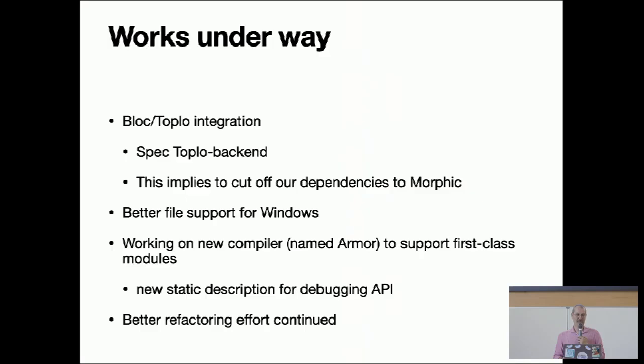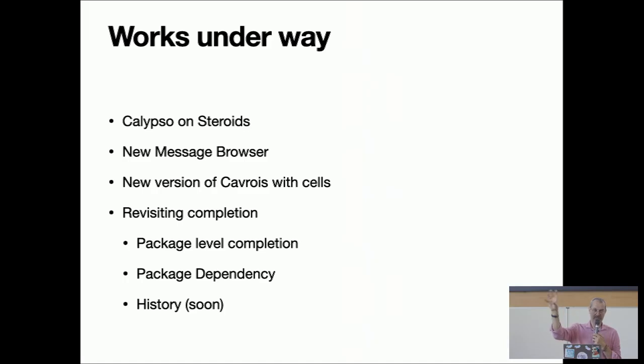And you know, often I'm skeptical with these kinds of things, but I think that he has a point. So we really want to see that. We will migrate the message browser because this is something that we need a lot. There is a new version of Kavra with cells, so you can take your window and there are cells that attract the window and say, okay, you can be placed here.